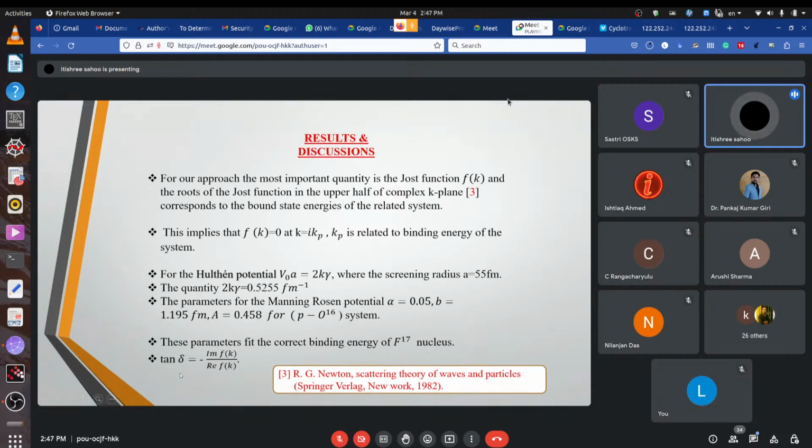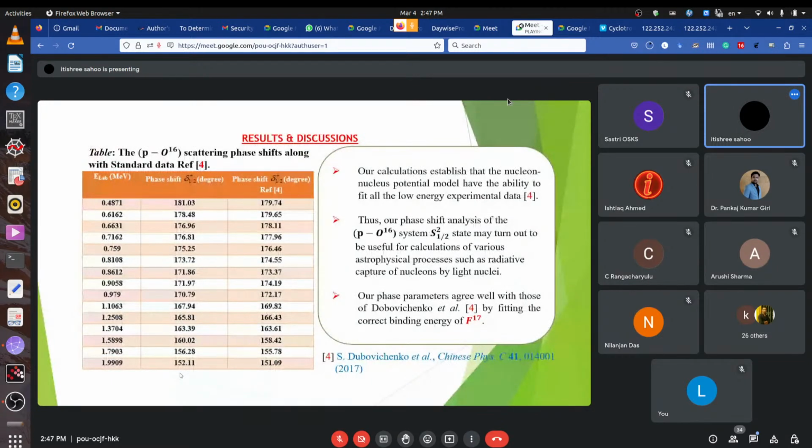The relationship between the phase shift and the Jost function is that the phase shift is equal to the tan inverse of the negative of the imaginary part of the Jost function divided by the real part of the Jost function, and the result is given for the proton oxygen scattering phase shift.